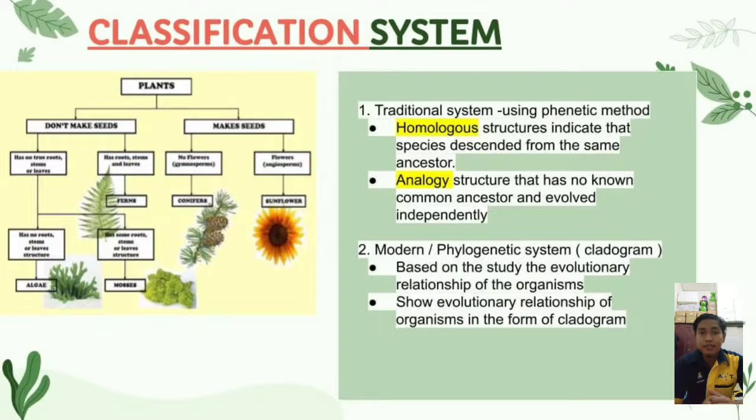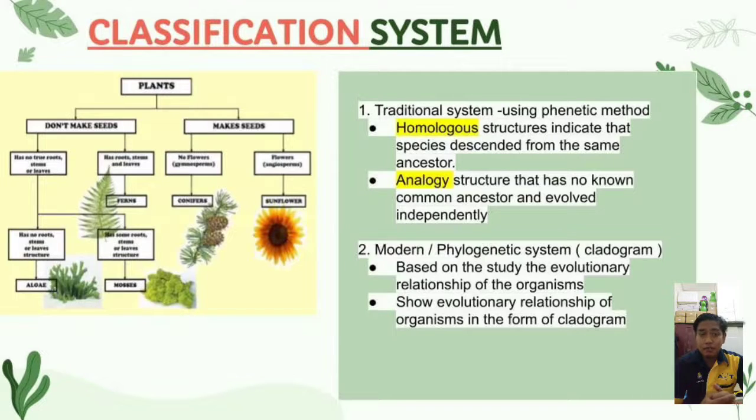The next is the classification system. There are two systems that have been used until today. The first one is the traditional system, which uses the phenetic method. Phenetic taxonomy is a system of classification based on overall character similarity, which is by homology and analogy.